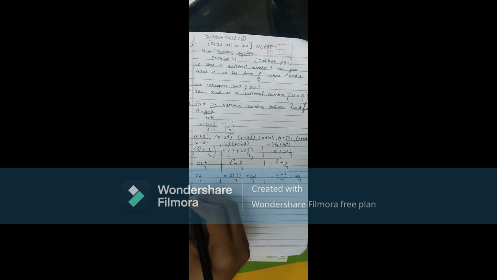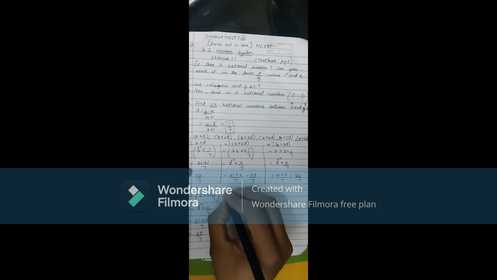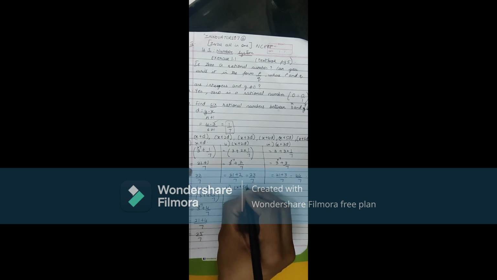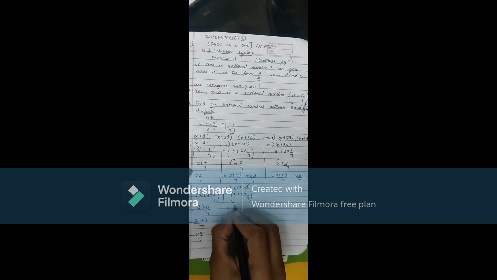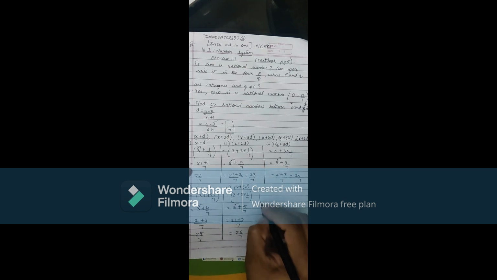Next we are going to find the fourth one, x plus 4d. 3 plus 4 into 1 upon 7, which becomes 3 plus 4 upon 7, multiply by 7. So 21 plus 4 upon 7, which becomes 25 upon 7. Next x plus 5d. So 3 plus 5 into 1 upon 7, 3 plus 5 upon 7. You are going to multiply by 7. So 21 plus 5 upon 7, which becomes 26 upon 7.